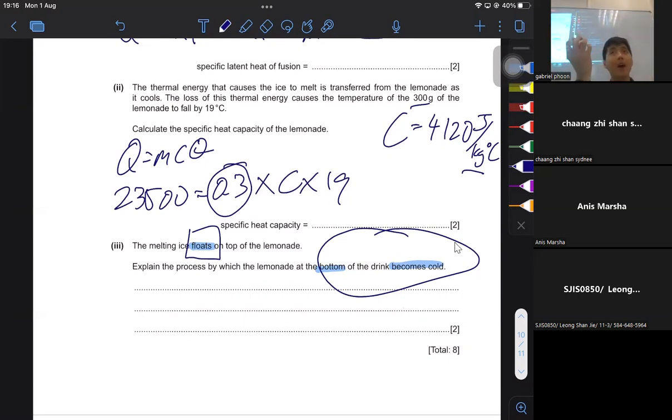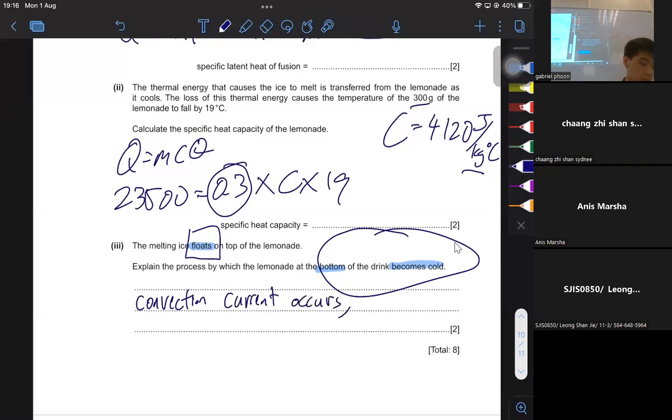The reason why hot particles rise is because they are less dense, and the cold particles will sink to the bottom because they are more dense, guys. So you're going to basically say convection current occurs here, right? Convection current occurs.